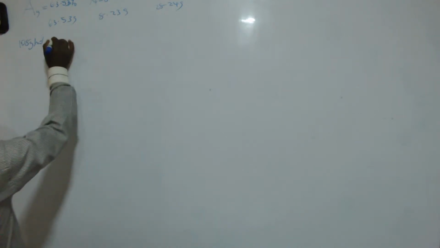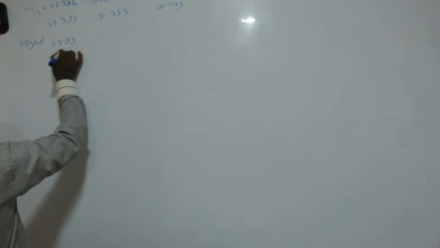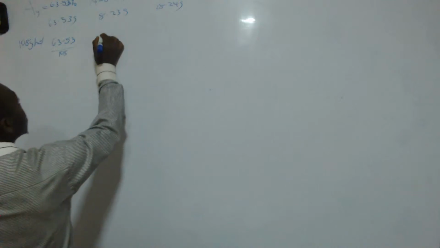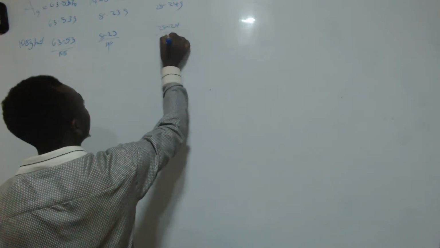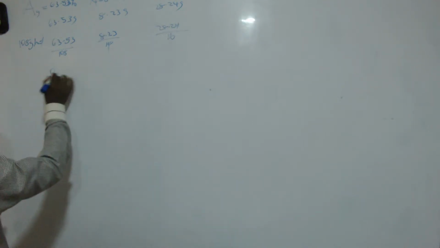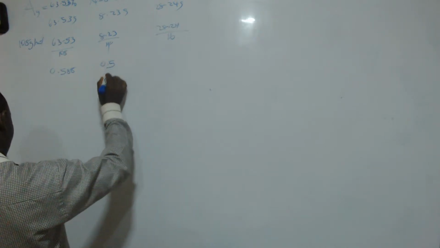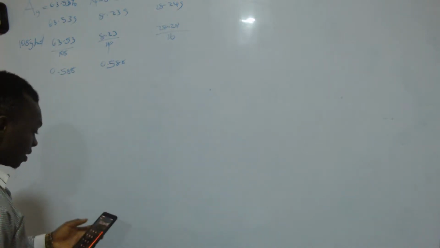So we divide each: 63.53 over 108, 8.23 over 14, because that's the molar mass of nitrogen, then 28.24 over 16, the molar mass of oxygen. 63.53 over 108 gives 0.588. 8.23 divided by 14 gives 0.588 also. Then 28.24 divided by 16 gives 1.765.